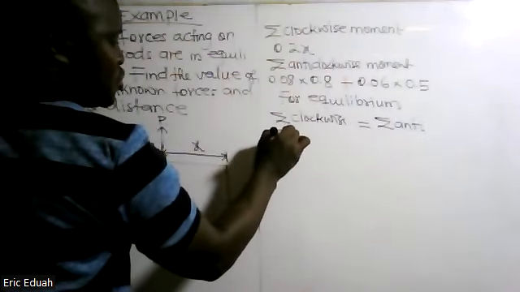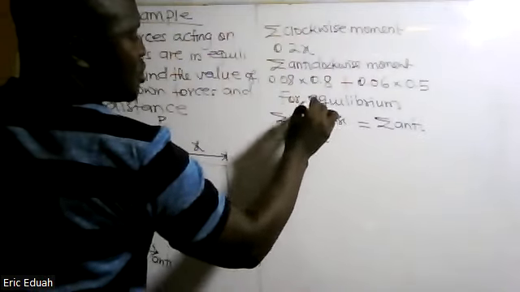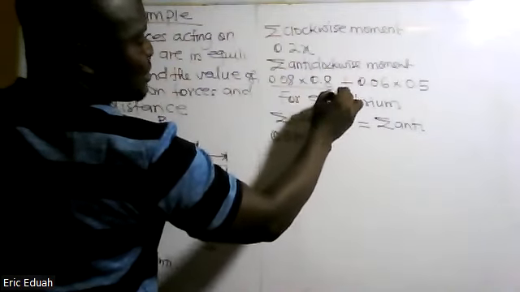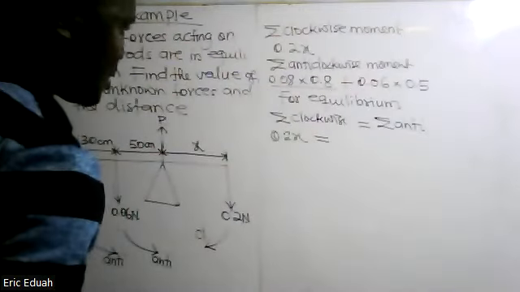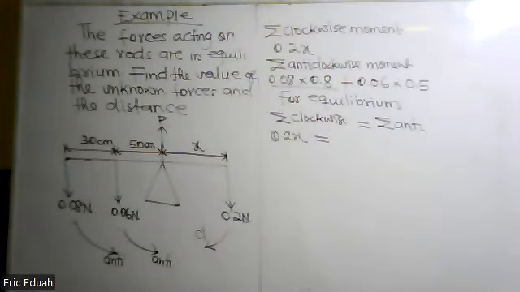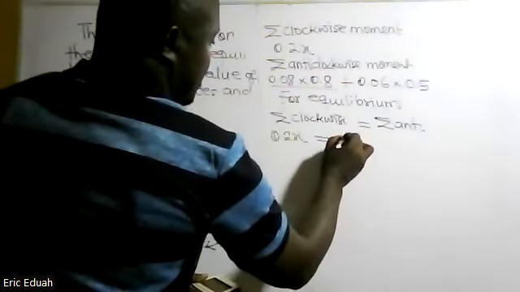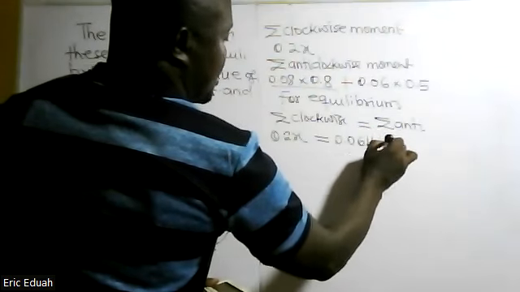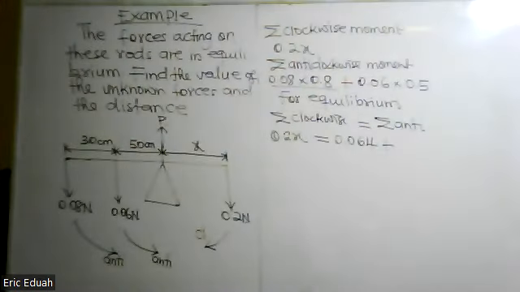You had 0.2x equal to, multiply this by this and add it to that for me: 0.08 times 0.8, this will be equal to 0.064, plus 0.06 times 0.5. And this will give us 0.03.